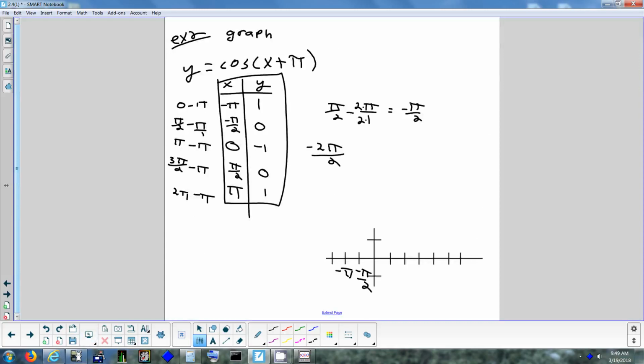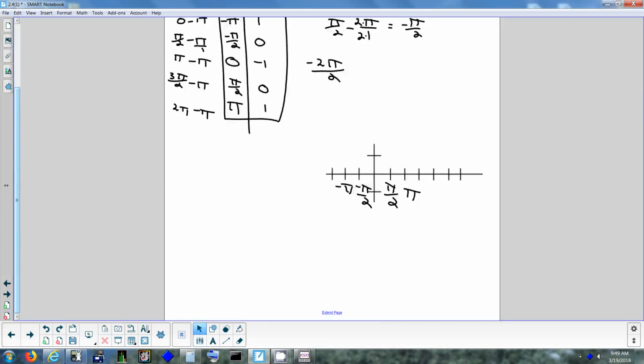I know it's 0. Pi over 2 and pi. Okay, you have to put those other labels. If you don't label your axes on a problem, I'm going to assume you're going by ones, because that's normally what we do. So if you want to go by something other than ones, just label it. Okay, I'm just going to move them down a little bit.